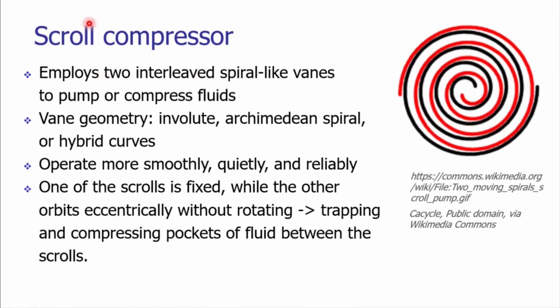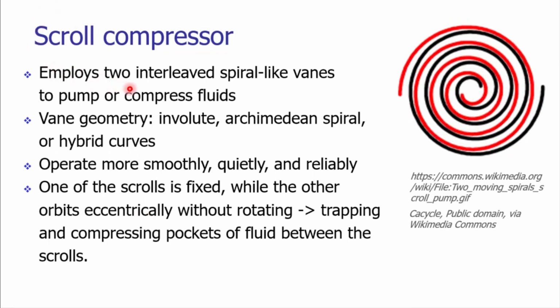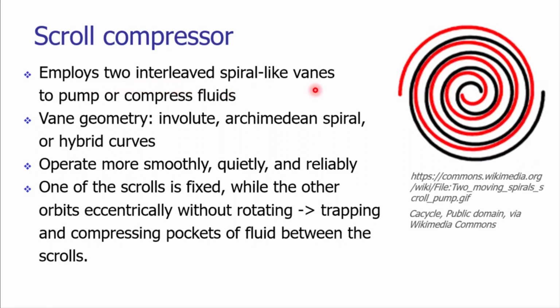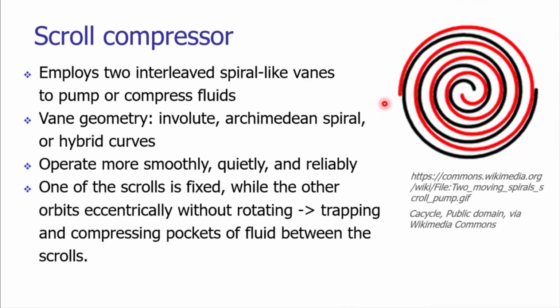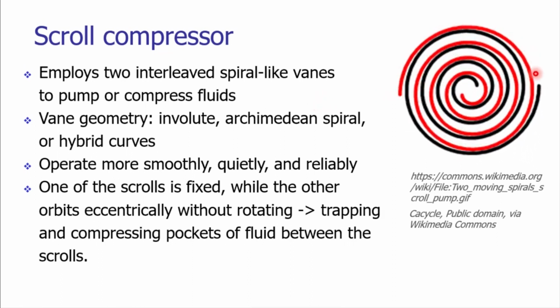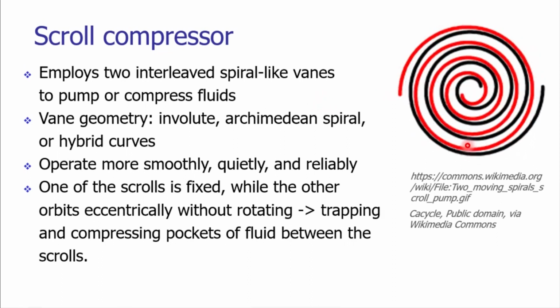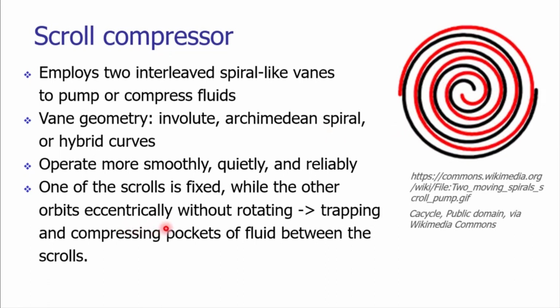The next type of compressor is the scroll compressor. It employs basically two interleaved spiral like veins, which you can see on your screen. Out of these two spiral like veins, one is stationary and the other scroll is orbiting eccentrically.